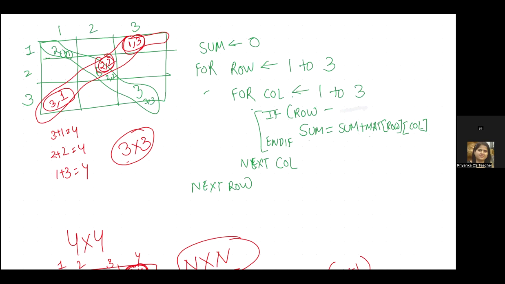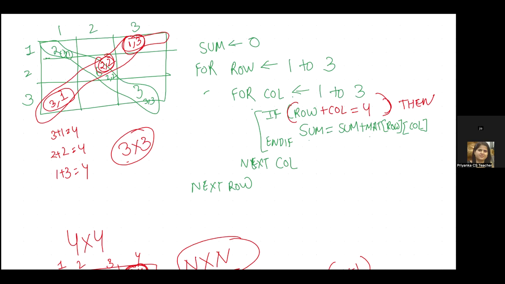You will write row plus col is equal to n plus 1. Then only you perform the sum. You will decide in your exam what size they give you, so here I'm writing 4. Fine. So diagonals are also done.